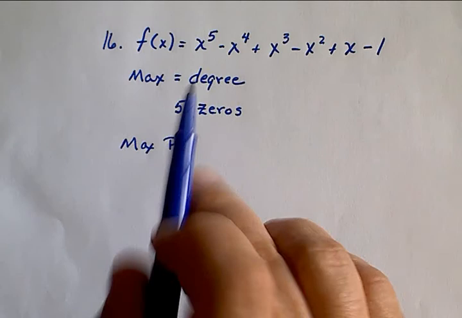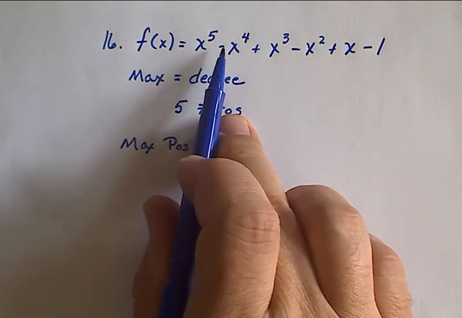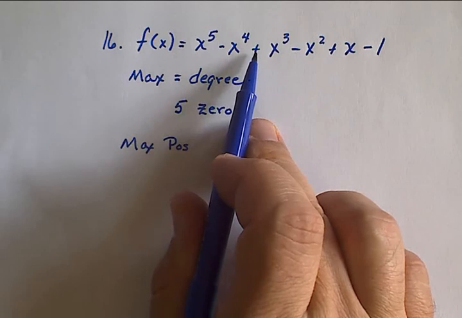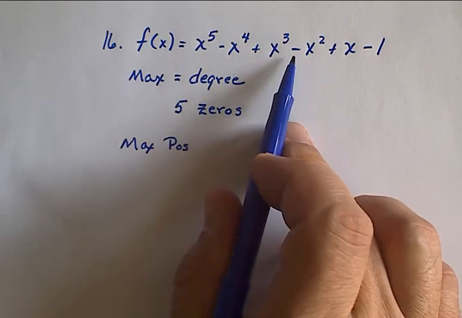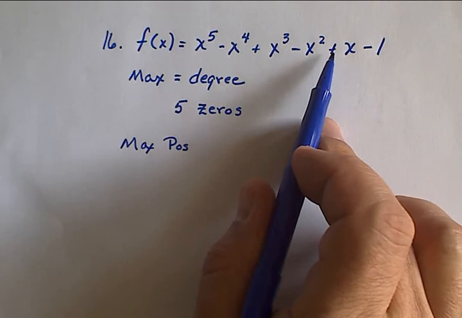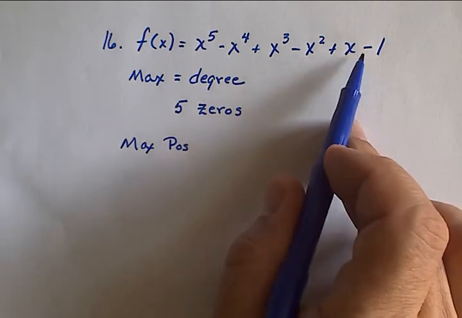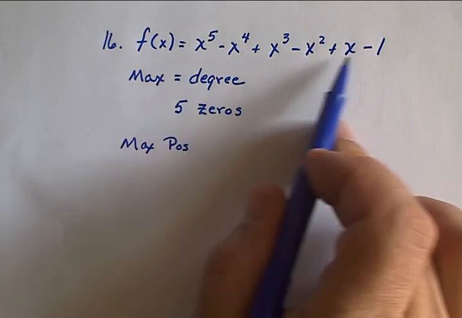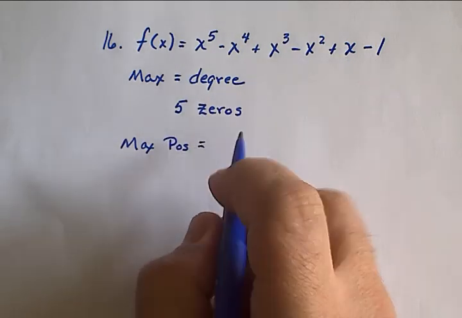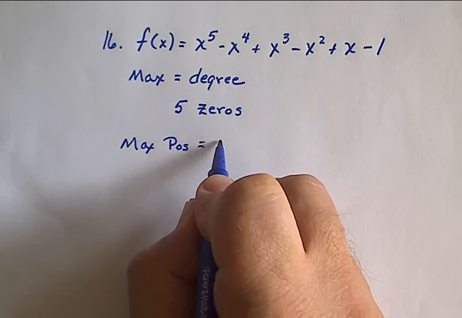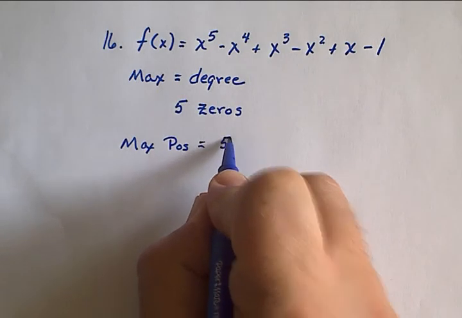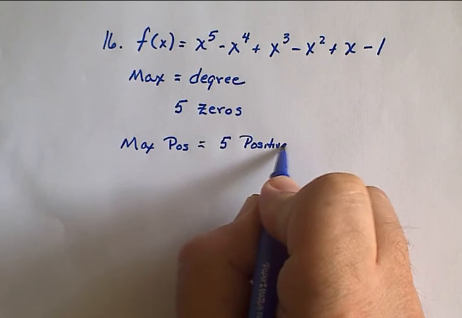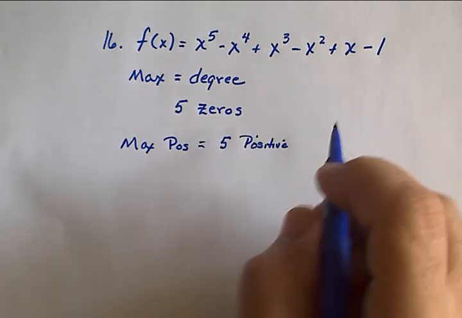From positive to negative, that's 1 sign change. From negative to positive, that's 2. Positive to negative, that's 3. Negative to positive, that's 4. Positive to negative, that's 5. So 5 sign changes means that there is a maximum possible 5 positive zeros.